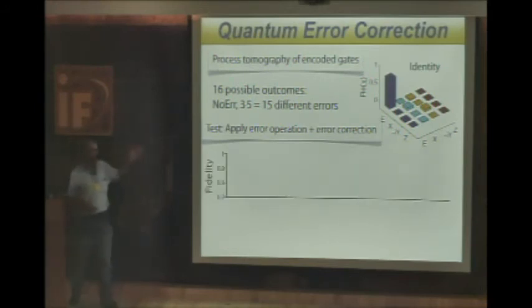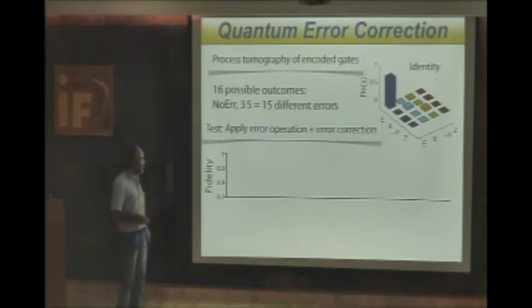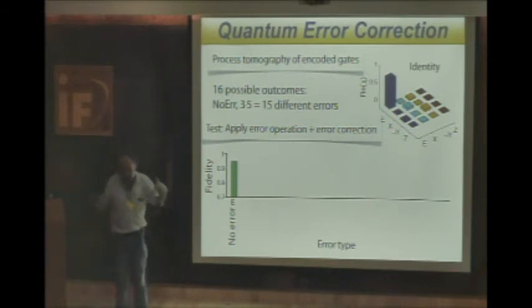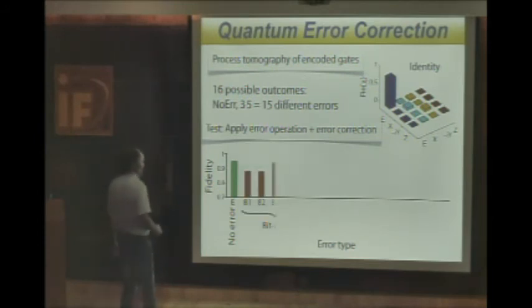So you can use this detection scheme and perform error correction, and then you can apply the errors. I mean, you want to be sure that you can correct the errors, so you apply them in a controlled way and then eliminate them.